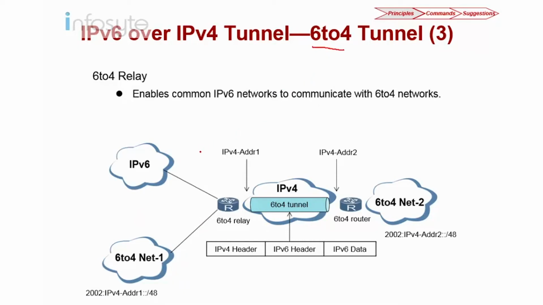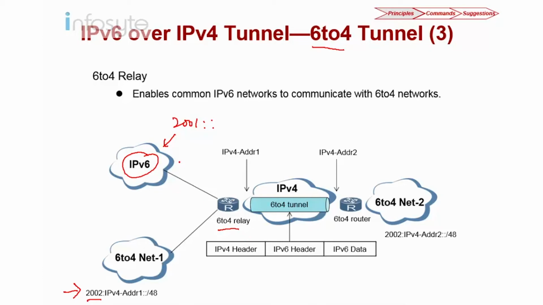Now continuing to a different scenario, but we are still in a 6to4 tunnel. You notice that this topology is slightly different. The addressing scheme on this network is purely IPv6, which means that they are not following the address convention using 2002, so it may be using 2001 something something. So under this instance, the router on this edge needs to be configured as a relay.